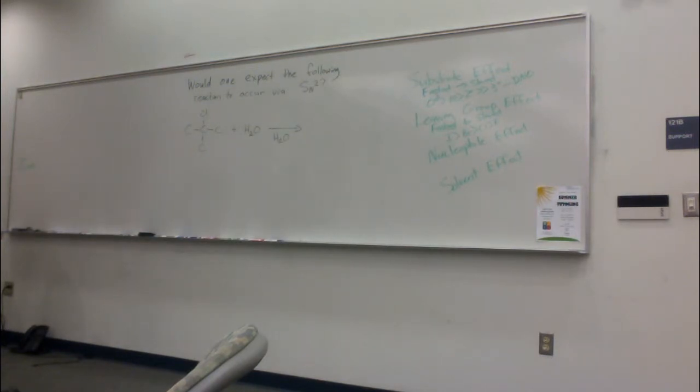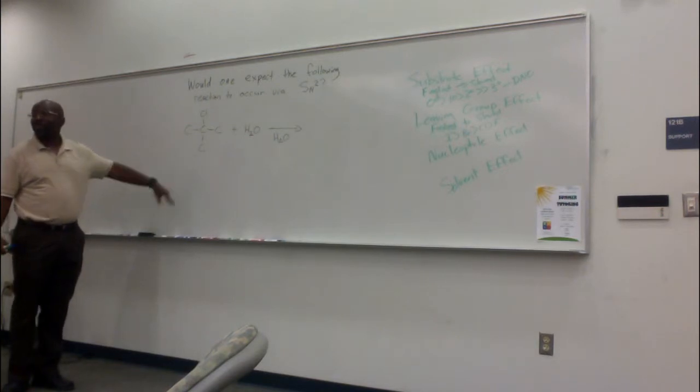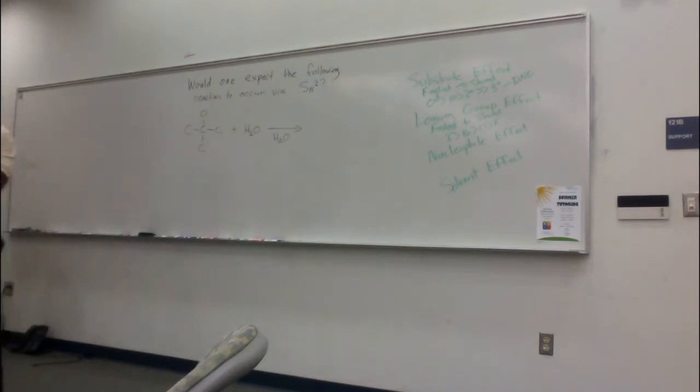So when they did this reaction, they were expecting this reaction to not occur. So basically, oh, this reaction is not going to work. Let me go try the reaction anyway and see what happens. And guess what happened? The reaction actually occurred. And the reaction was actually faster than a typical Sn2 reaction.